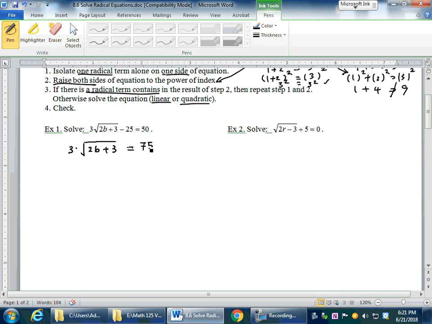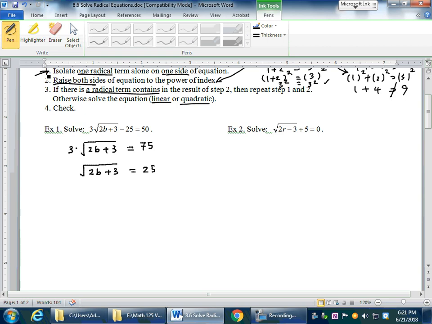Now, I need to divide both sides by 3 because 75 is divisible by 3. So when I divide both sides by 3, that will become the square root of 2b plus 3 is equal to 25. Now I have the radical term alone on one side and a number on the other side. So I got my first step already, right? I isolated the radical term by itself on one side already.